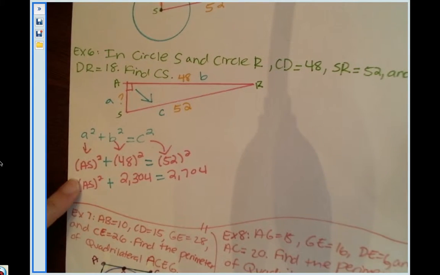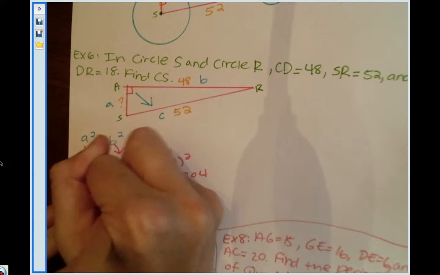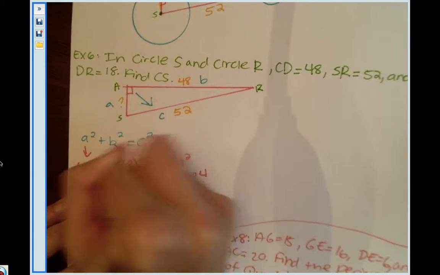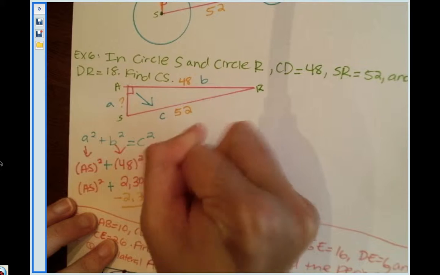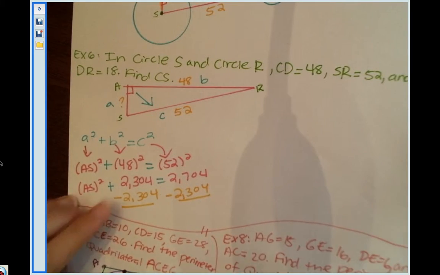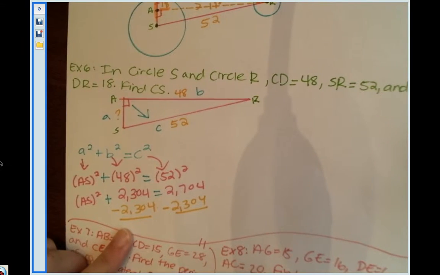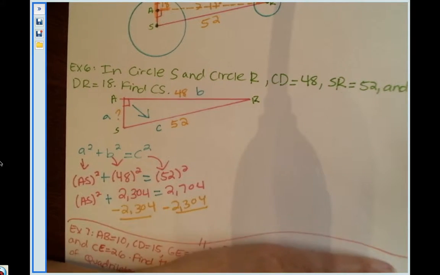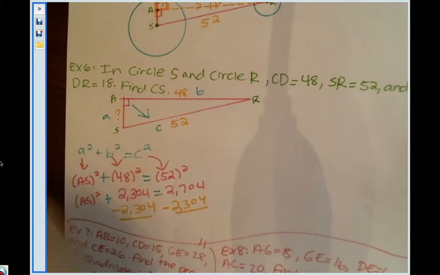Nice. All right, let's keep on going. So I need to get AS squared by itself. How do I move 2,304 to the other side? I would subtract that bad boy on both sides. So 2,304 minus 2,304. And guys, ignore this, this is the next problem. I'm going to block it so we're not focused on that.